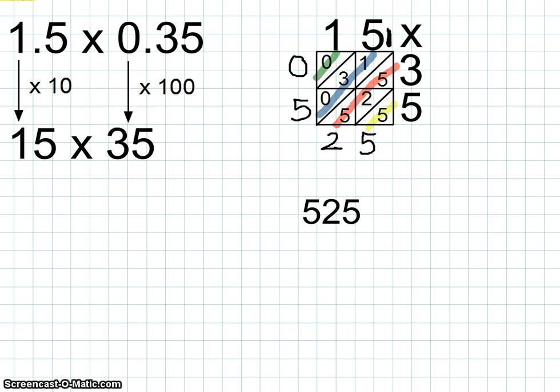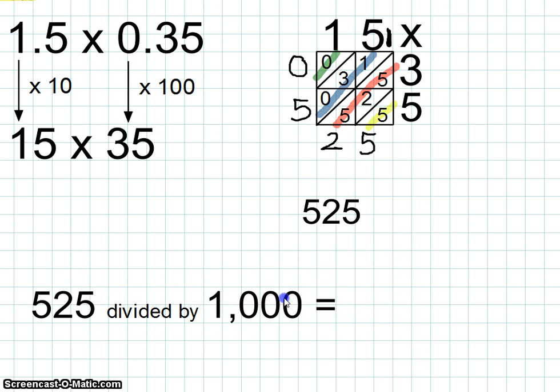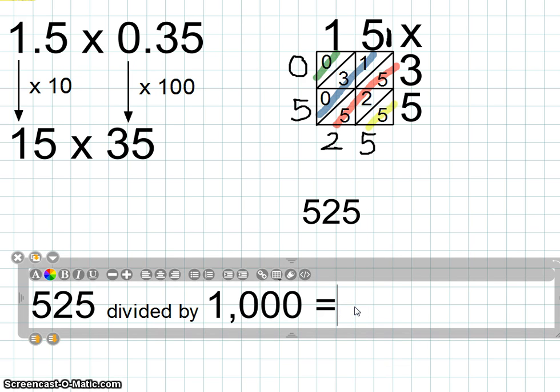So we could do 525 divided by 1,000, right? 525 is the product of 15 times 35, and we can divide that by 1,000, and we should be able to find the product of the original question, which is 1.5 times 0.35. And what do we get if we do 525 divided by 1,000?